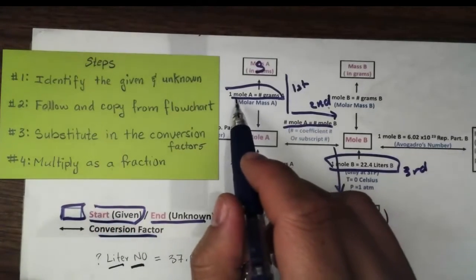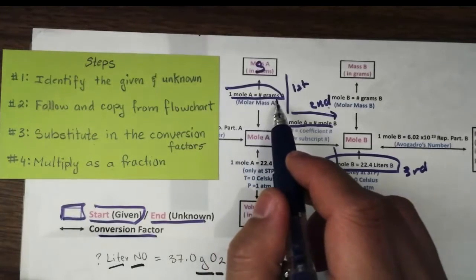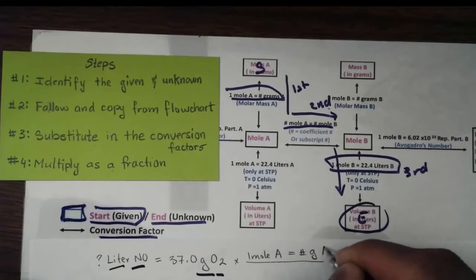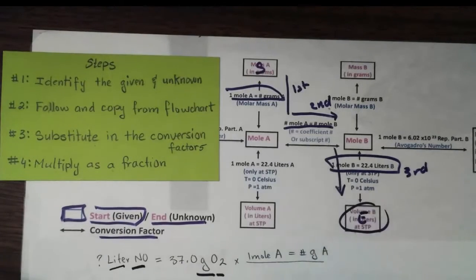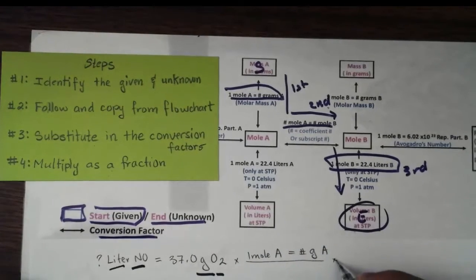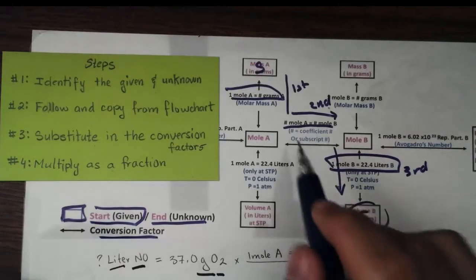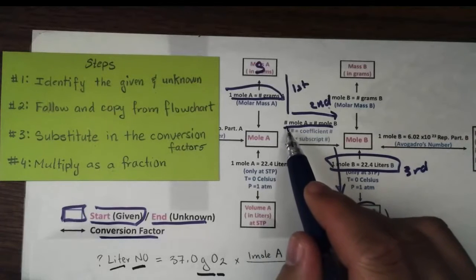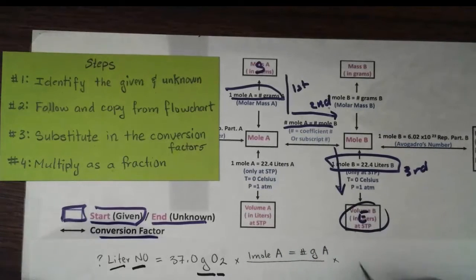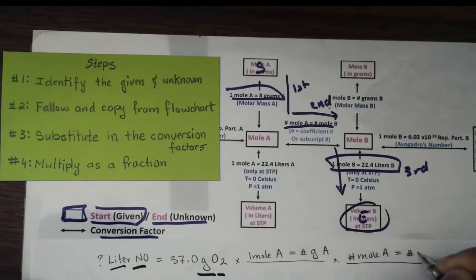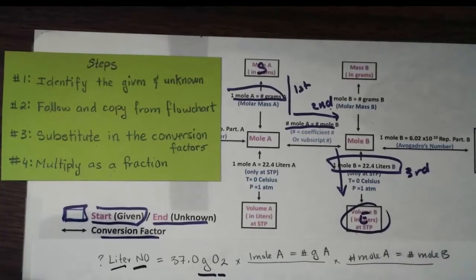So the first conversion factor is 1 mole of A equal to the number of grams of A. We're done with that one. Now we go to the second one, which is number of moles A equal to the number of moles B. We're done with the second conversion factor.